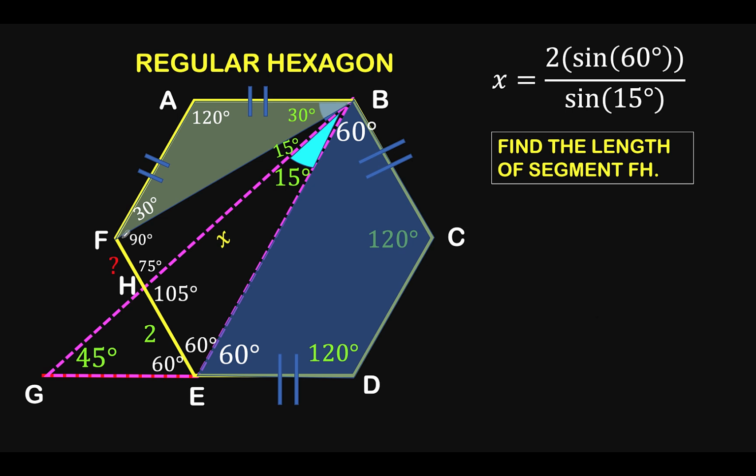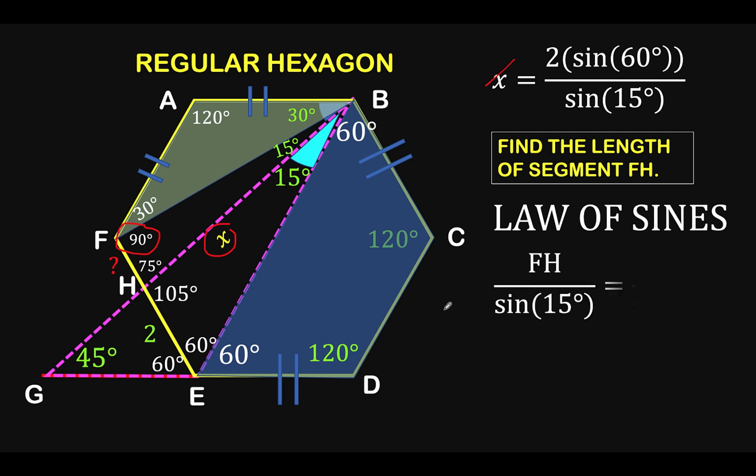Now this time, let's go now to this triangle FBH. Again, let's use the law of sines. We know the measure of X to be this value, and we get the sine of 90 degrees. So we now have X over sine of 90 equals, the length of the side that we want to find is FH over the sine of its opposite angle, which is this angle, sine of 15 degrees.